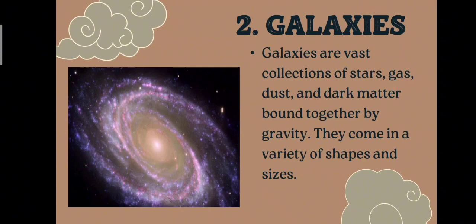The picture that I have provided is an example of a spiral shape, and there are also elliptical shapes and irregular shapes. The elliptical shape is something like a not-so-perfect circle, and the irregular shape has no definite shape. Our Milky Way is an example of a spiral galaxy.